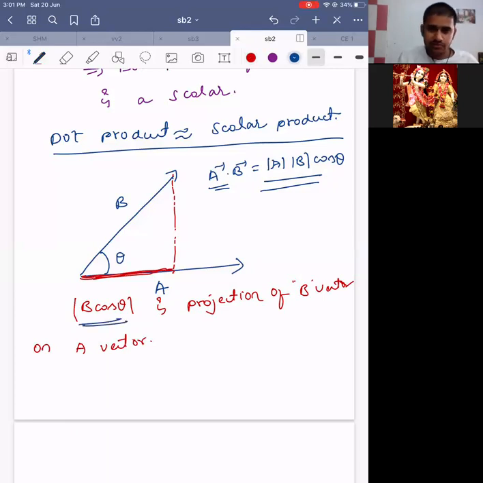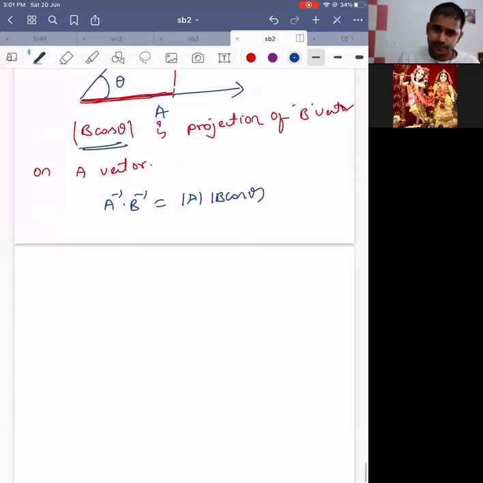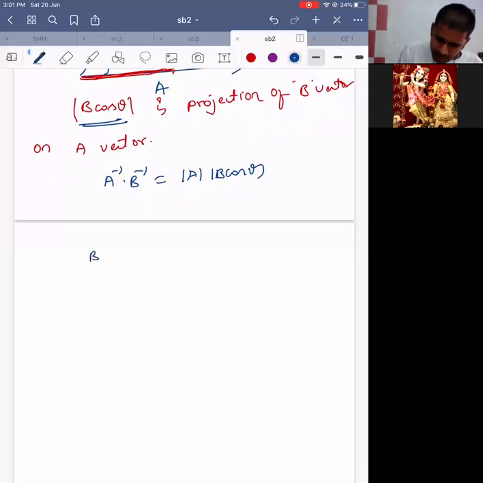Sometimes they don't give b cos theta. They will give vectors. Then what should we do? A bar dot b bar is equal to mod a mod b cos theta. Then b cos theta will be equal to a bar dot b bar by mod a.